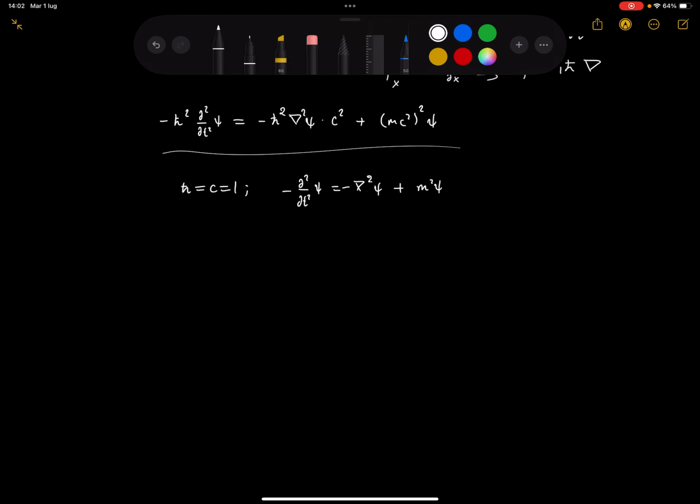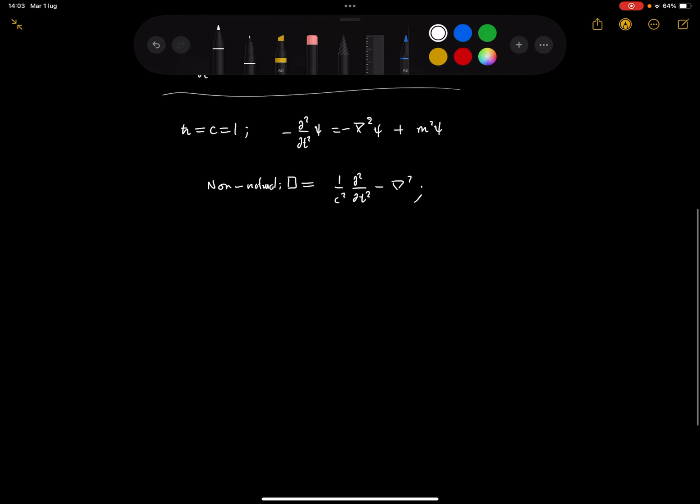And by substituting for the D'Alembertian, in non-natural units, it is given by 1 over c squared times the second time derivative, minus the Laplacian. And we just move it over to the other side.